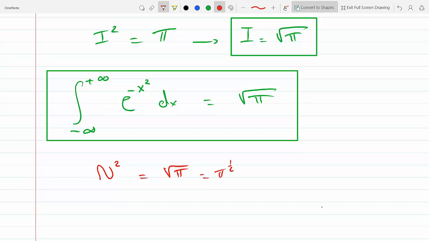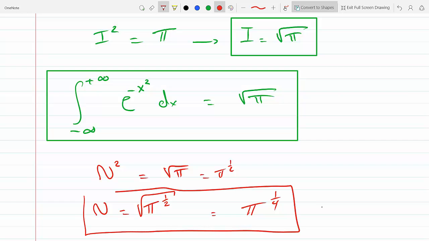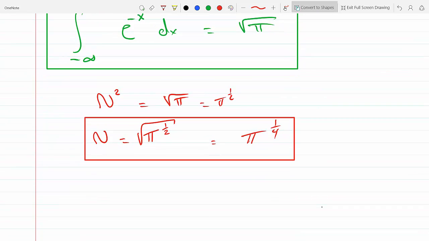So that means the norm will equal the square root of that, which is pi to the 1/4. So this is the norm.